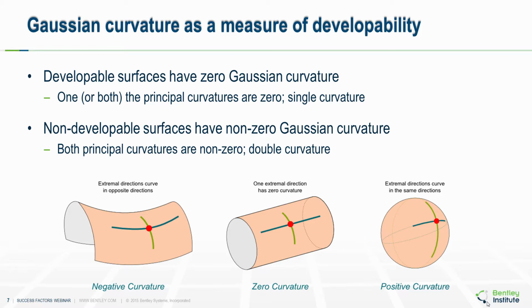If you look at the middle example, one of the principal curvatures is zero, so this is a cylinder, and so when you multiply them both together you get zero Gaussian curvature, which means the surface is developable. And then if we look at the third example, like a globe or a football, both of the curvatures go in the same direction, so when you multiply them both together you get positive curvature.